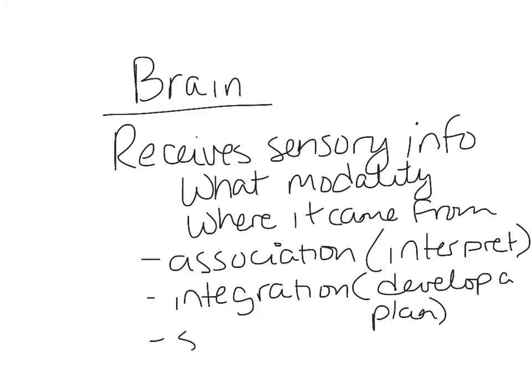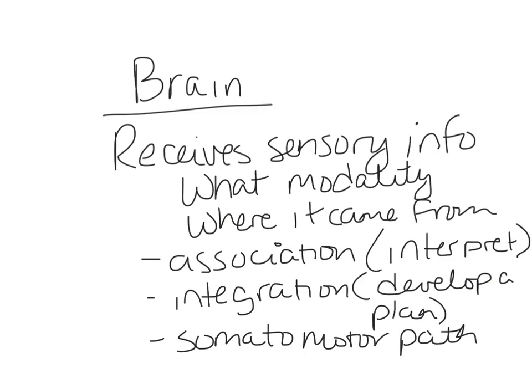And then the somatomotor pathways are going to carry out that command, and they're going to send that message down to those effectors. So that's what we're going to talk about next, the different types of somatomotor pathways.